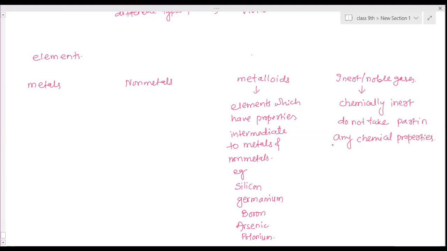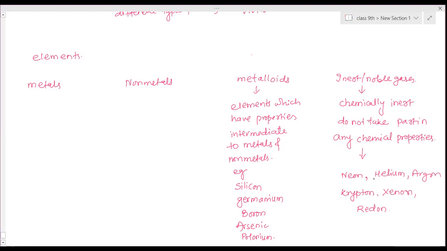We can heat them but not oxidize them. Some of the elements, krypton, radon, when heated very strongly under very extreme conditions, that is after applying pressure, can combine. Few chemical reactions can be seen, but only under very extreme conditions. Neon, helium, argon, krypton, xenon, and radon.